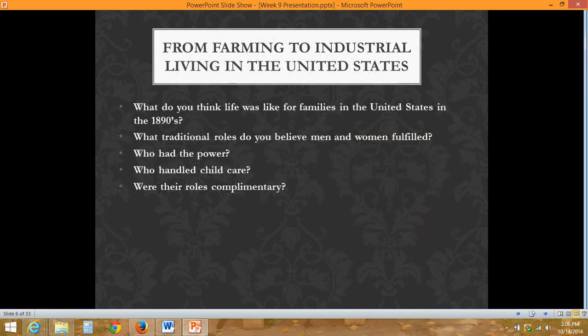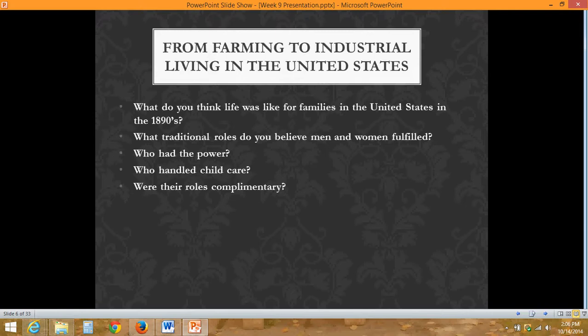So thinking about all these different areas, from farming to industrial living. Before the Civil War, a lot of life was done on a farm, on plantations. It was more along the lines of that farming lifestyle.